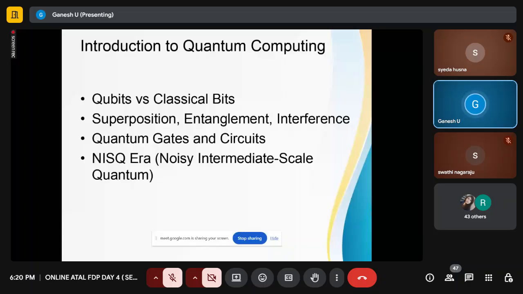Superposition lets quantum computers explore many possibilities at the same time. We can call this massive parallelism. That means we have plenty of possibilities in parallel.